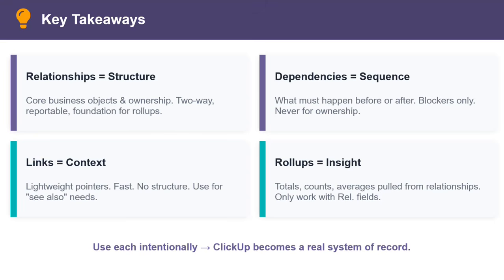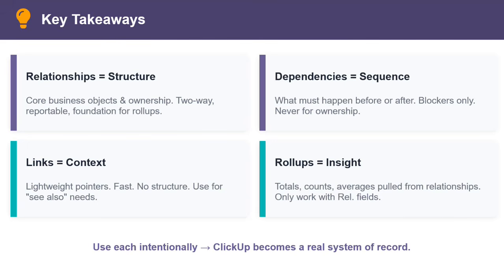They're simple connections you can use when you just want to point someone to another task without creating a formal relationship. Rollups give you insight. They bring useful information like numbers, totals, or statuses from relationships you've already created.